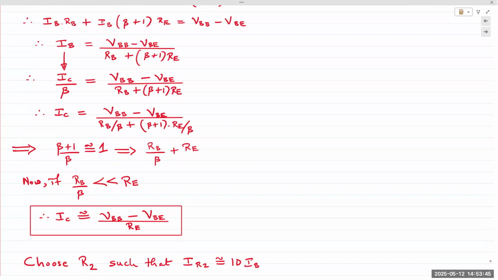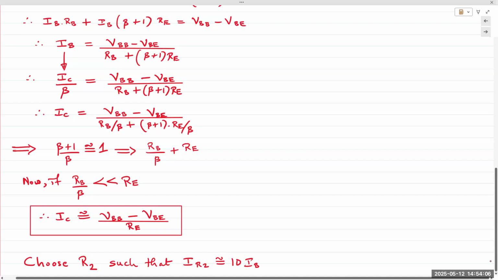Now, let's see how this equation works for us, right? Beta is typically large. Let's say even if it's the lowest value that we know of, which is like 35, or let's say even 30. If it's 30, beta plus 1 divided by beta is 31 over 30, approximately equal to 1. If beta is large, like 100 or 200, it makes it even closer to 1. So beta plus 1 over beta would be 201 over 200.